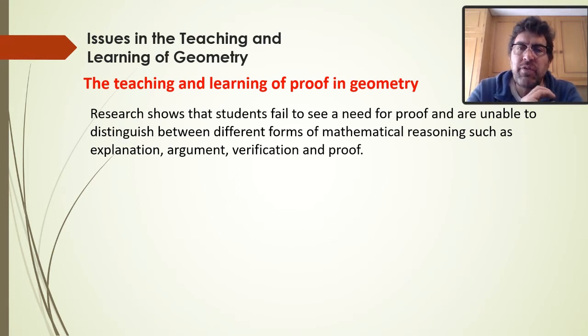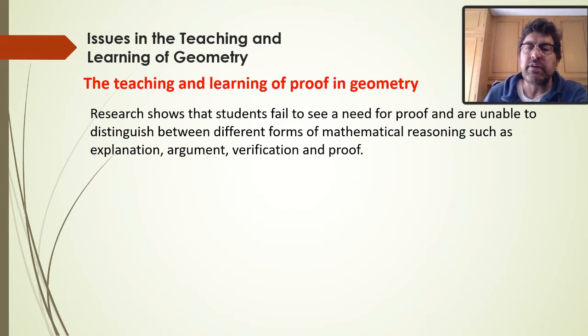Those four things are what builds up to being able to construct a valid and rigorously argued proof. Explanation, creating an argument, verifying that that is indeed the case, and then proving it.